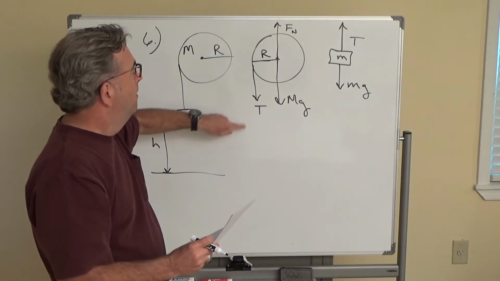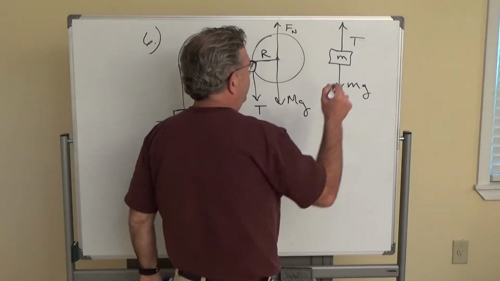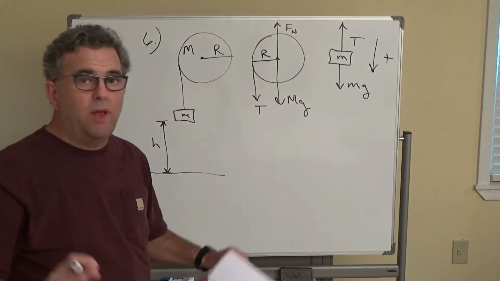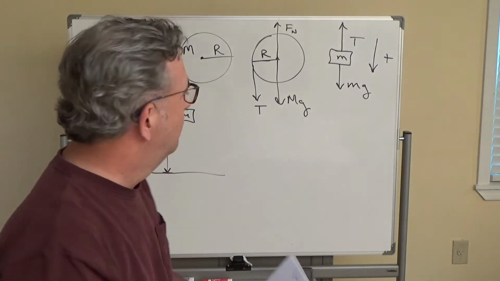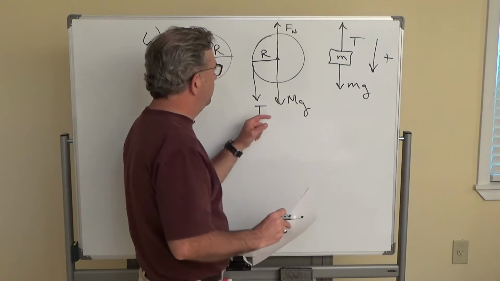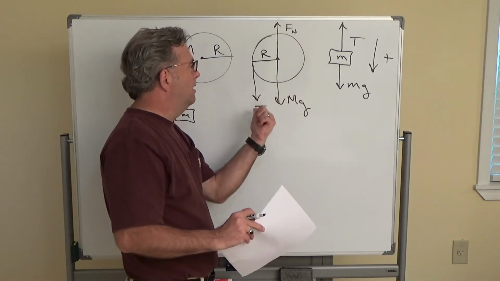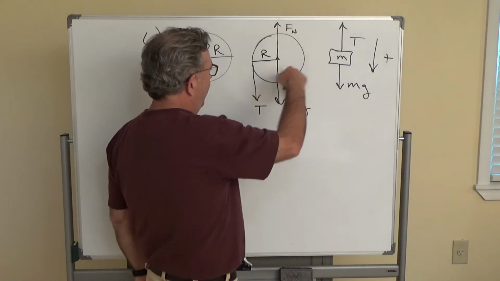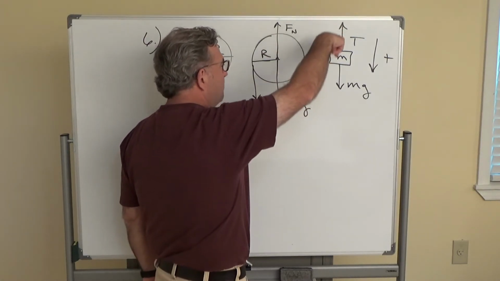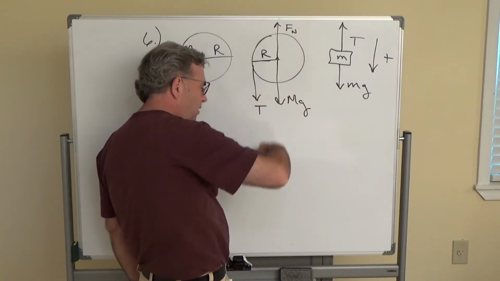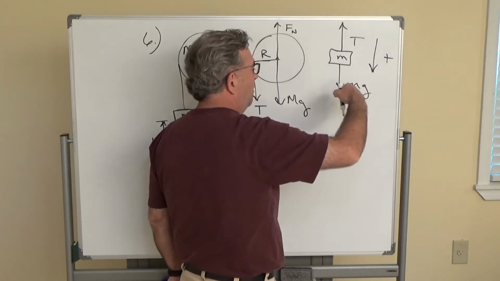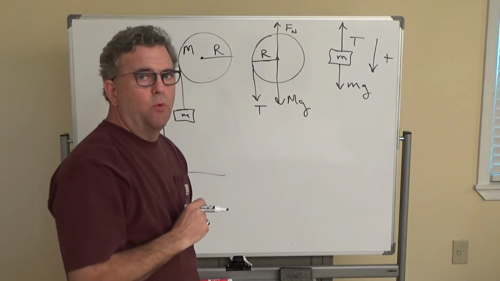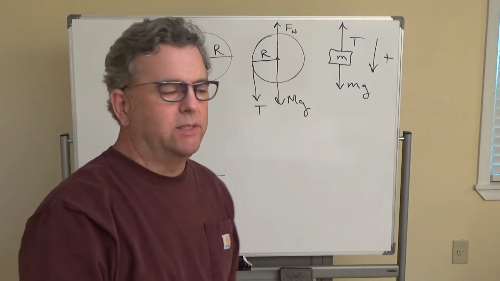I'm going to make this direction positive, like I did the other day. I don't have to, we could do it differently. This is a counterclockwise torque from our point of view, and that would be positive. So if I have a positive acceleration, then I have a positive angular acceleration, then I have a positive acceleration for the falling mass.